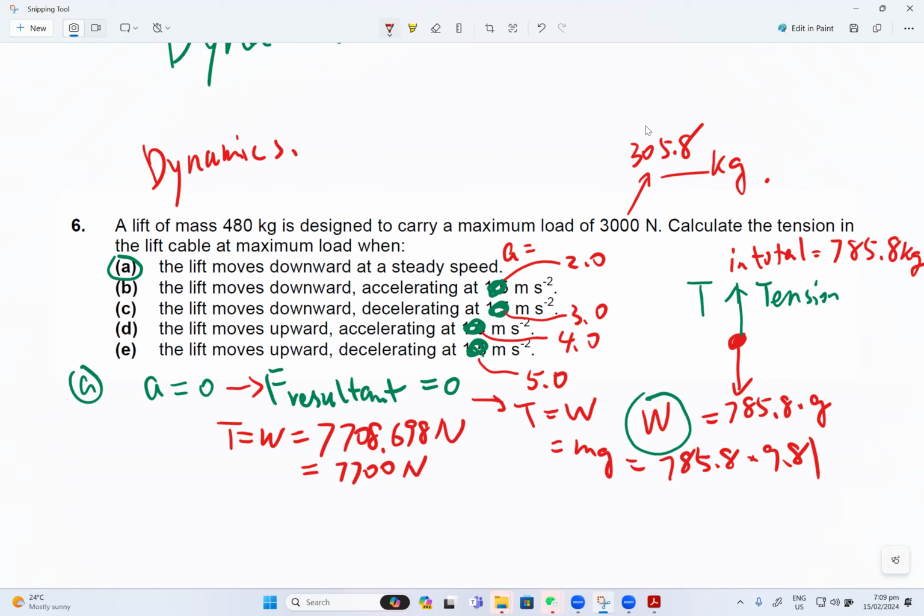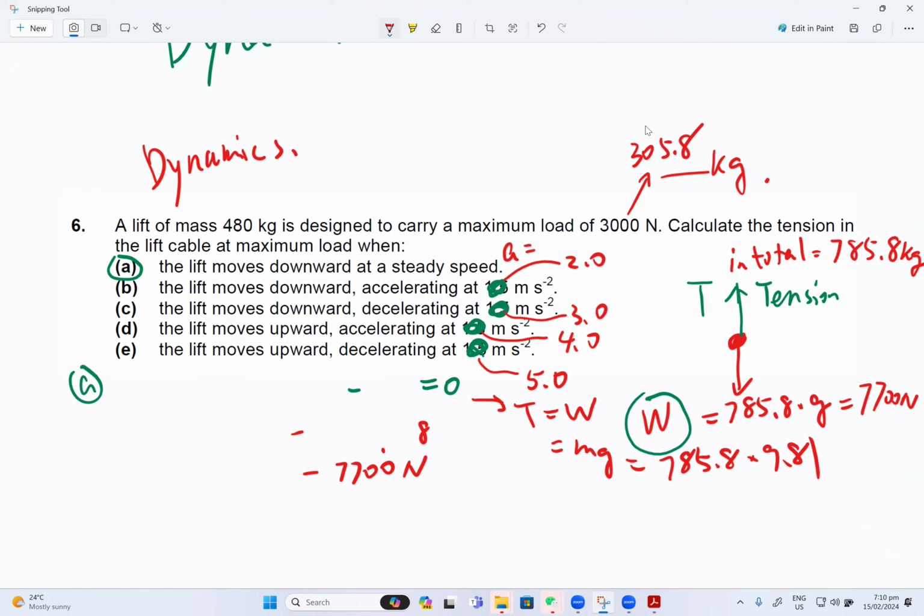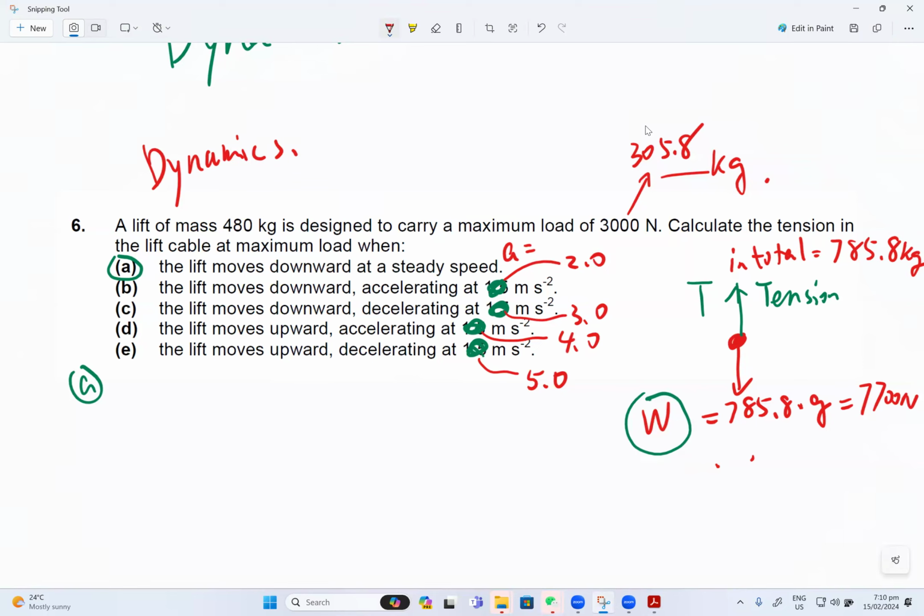Okay, we just check T and W. W is kind of fixed, just 7700 Newton. So you just need to determine T. If we try to make the idea more simplified, for question A, the lift moving constant speed.